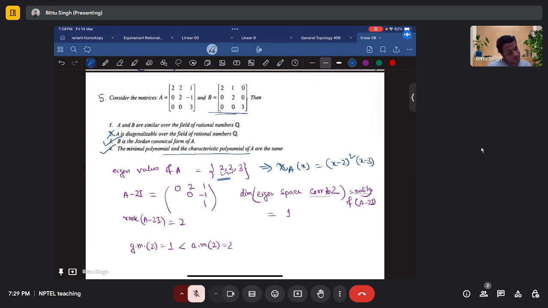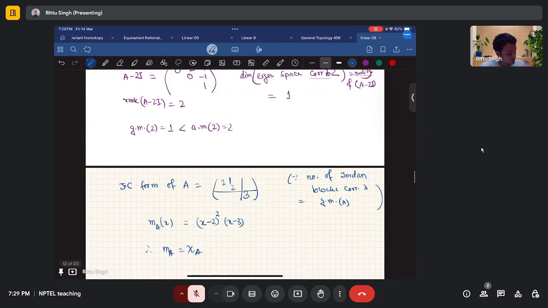Now we need to see whether option 1 is correct or not: A and B are similar over the rational numbers Q. We already obtained that this is the Jordan canonical form.